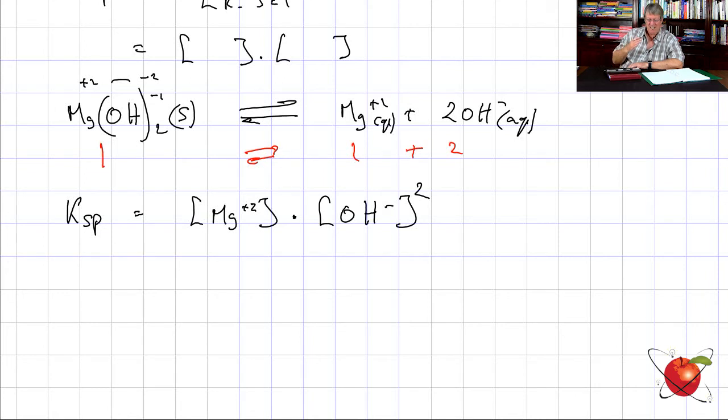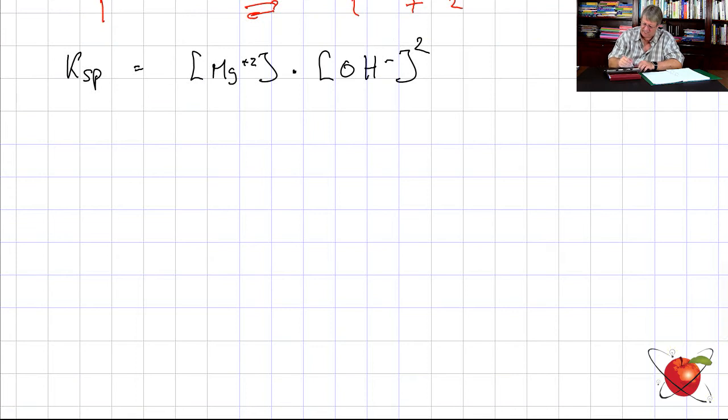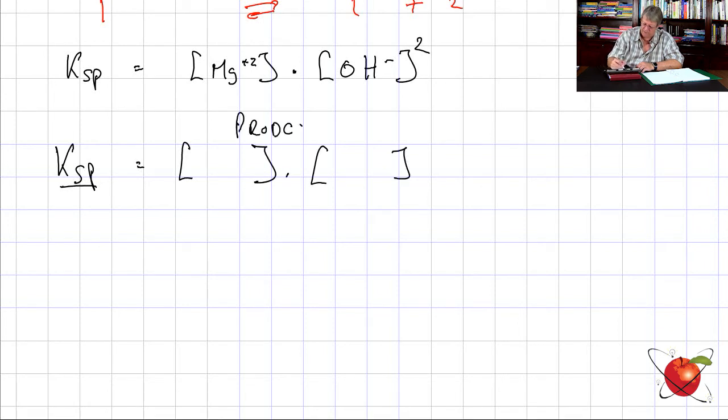Now, in these cases we're going to have situations where we've got a power of 2. That is critical for solving the problems themselves. The other element of thinking of Ksp: Ksp is essentially, I'm just going to use 2 ions here, this is the product, is it not?